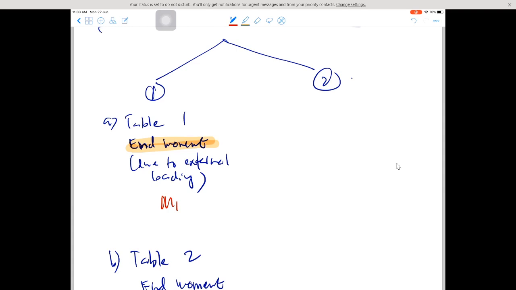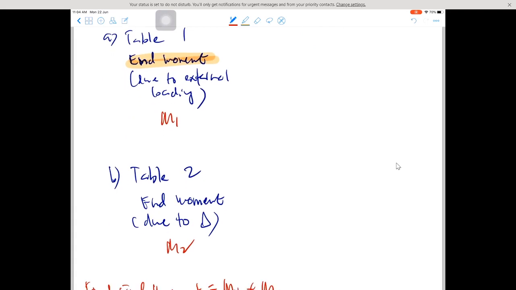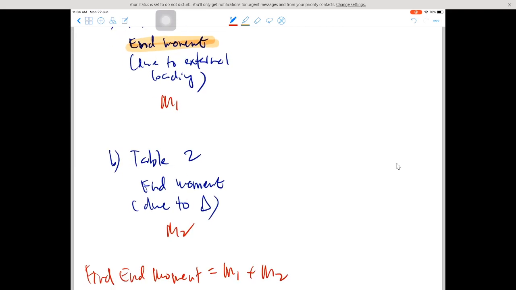Since we have determined the member end moment considering external load only in the previous example, that one will be called M1, and we will continue to consider end moment due to delta only. We will do the same process except the fixed end moment is different. Then we will produce M2.